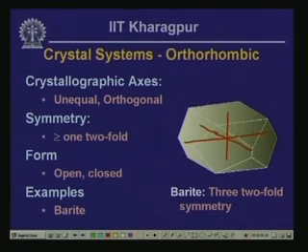These three crystallographic axes have 90 degree angles between them, but all the axes are of unequal length. That is the reason why this type of mineral gets classified as an orthorhombic mineral.